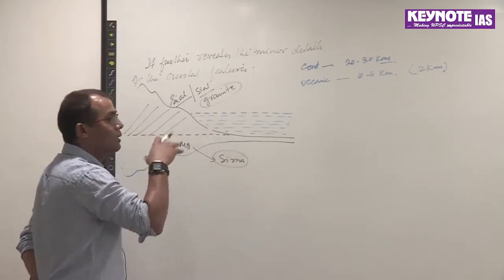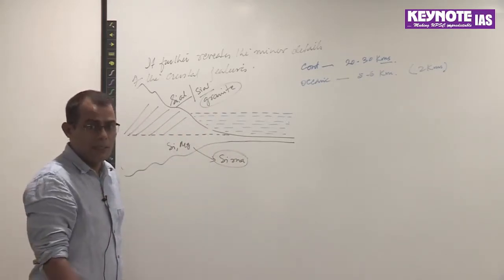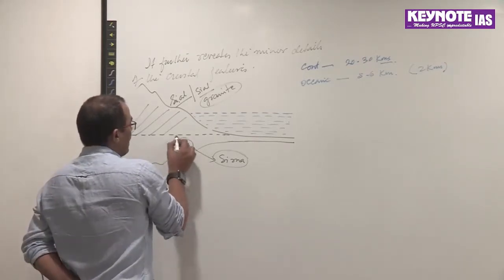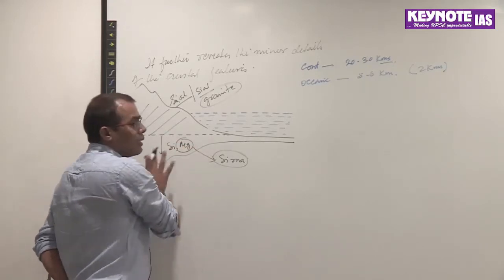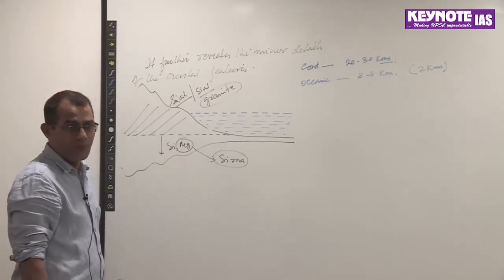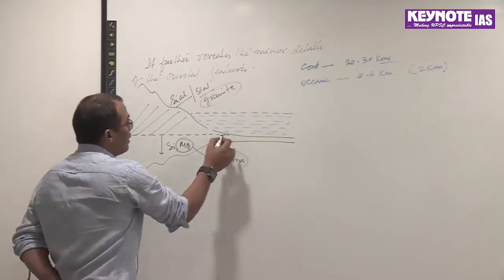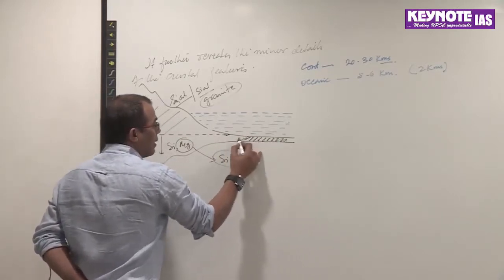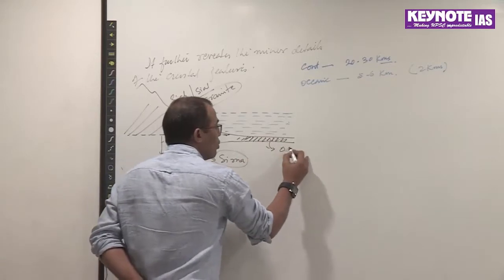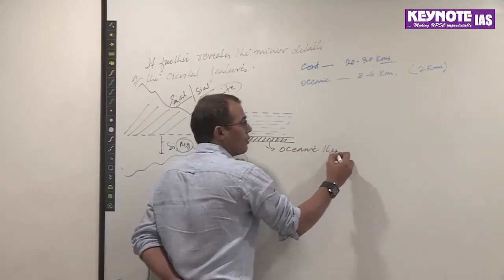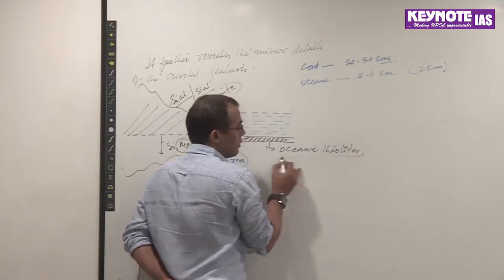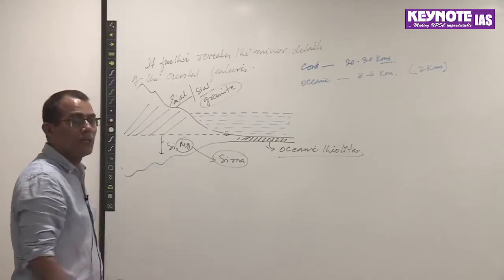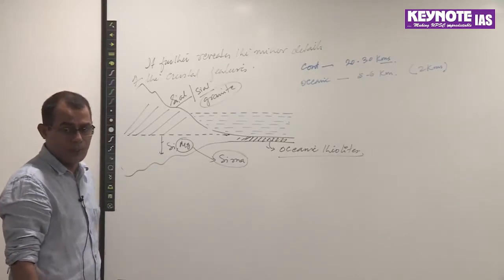So once there was a concept that Sial is floating over Sima. Now this area, even below the continental crust, has dominance of magnesium. Here the magnesium of this oceanic crust is slightly denser as compared to this, and that's why it is also called oceanic tholeiites. In geological parlance, the magnesium present in the ocean, which is relatively denser as compared to the continental crust, is called oceanic tholeiites.